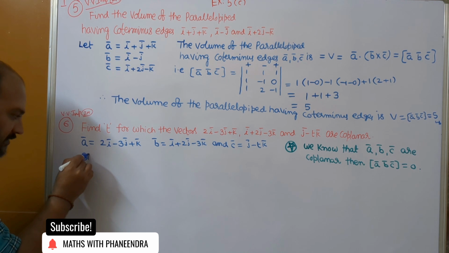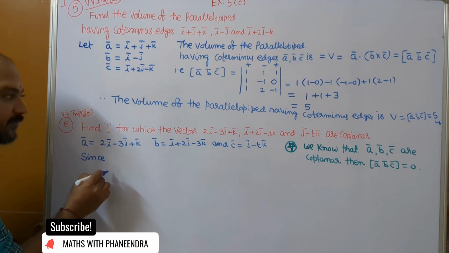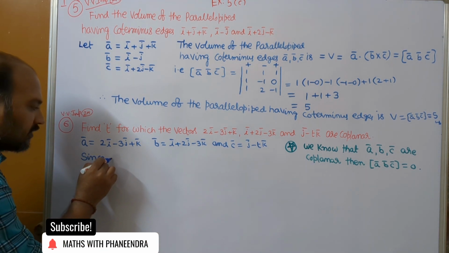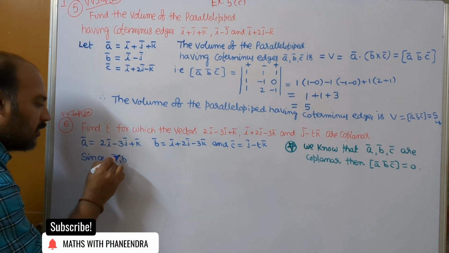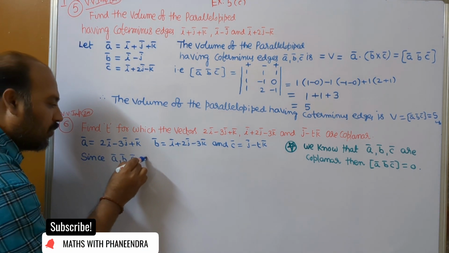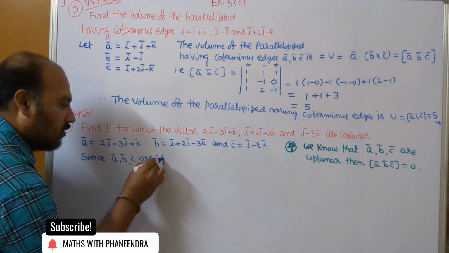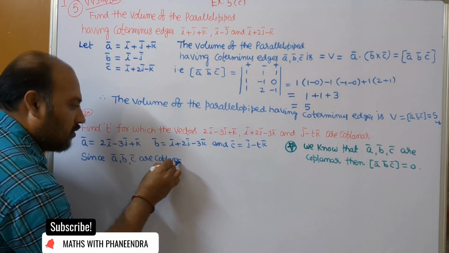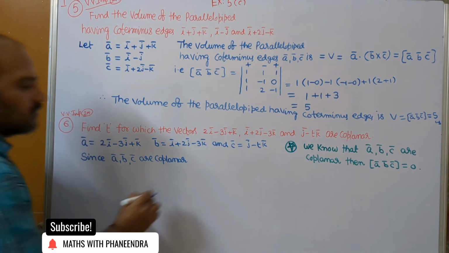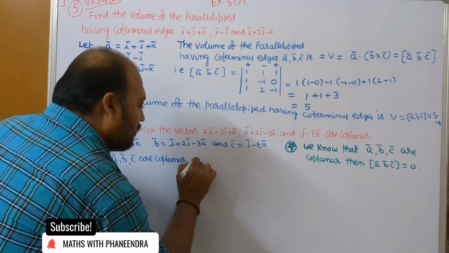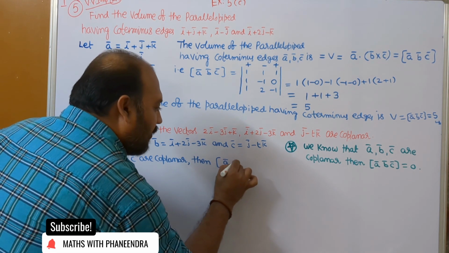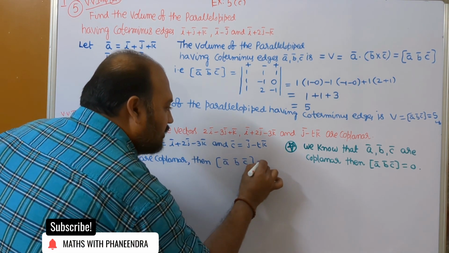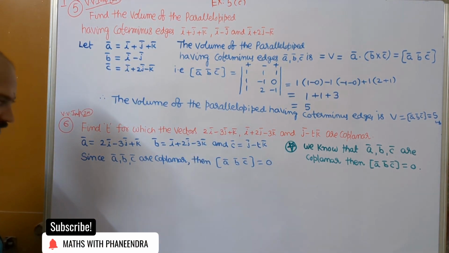Since a bar, b bar, c bar are coplanar, then box of a bar, b bar, c bar is equal to 0.